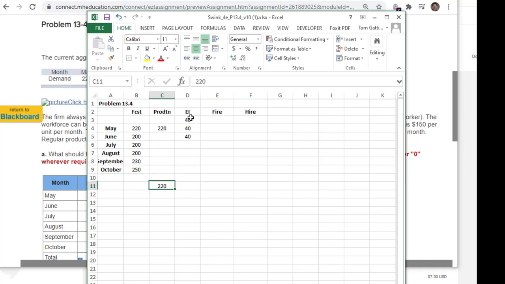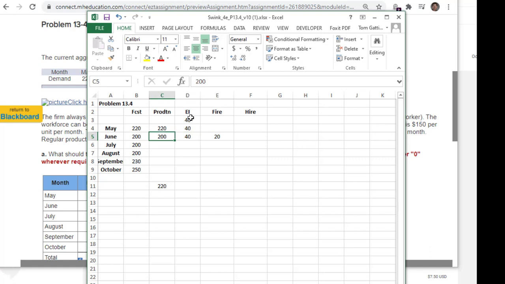Our workforce now is capable of producing 220, but we're only going to produce 200, so that means we need to reduce the workforce by 20 units of production. Since one worker can produce 1 unit per month, we need to get rid of 20 workers. Lay them off, fire them, that kind of thing.